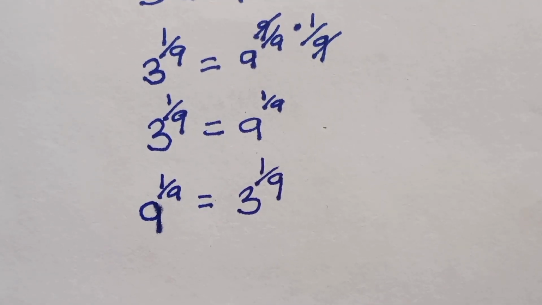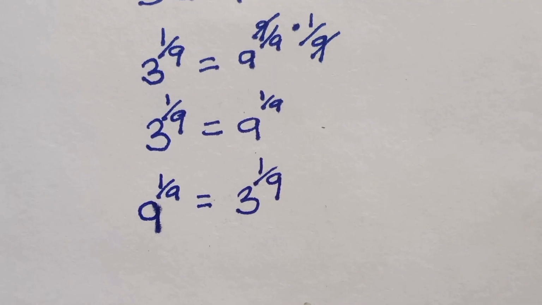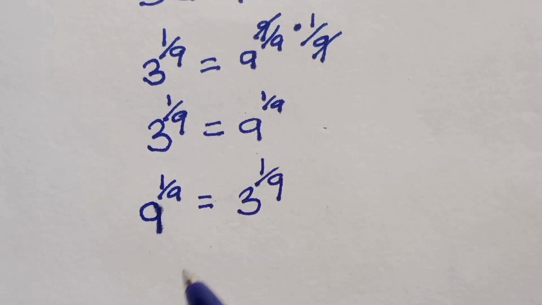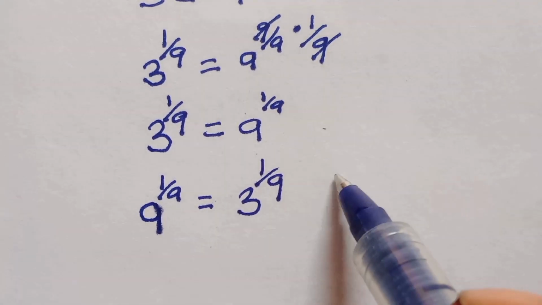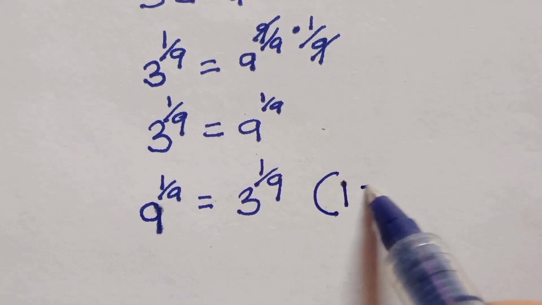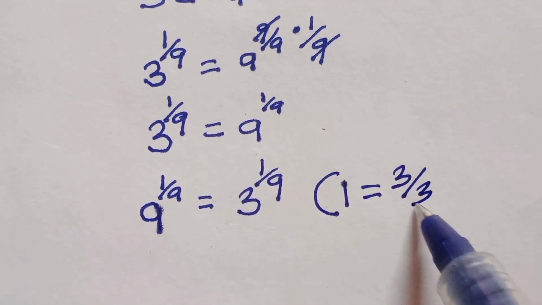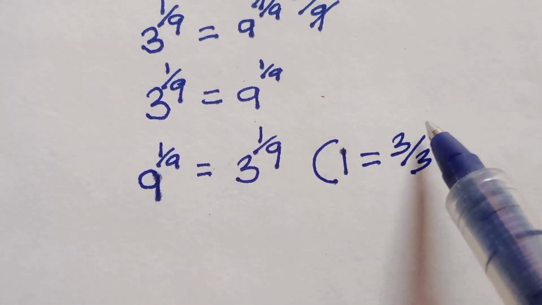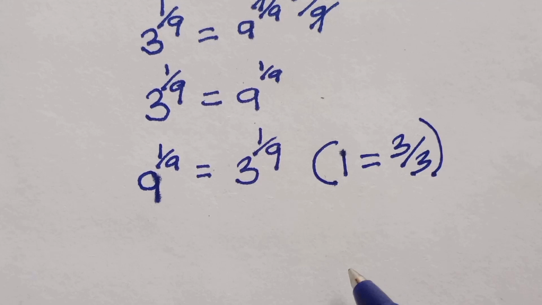So the implication of what we are having here is that we can simply have 1 to be equal to 3 over 3. Yes, because if you divide 3 by 3, it will give you 1.